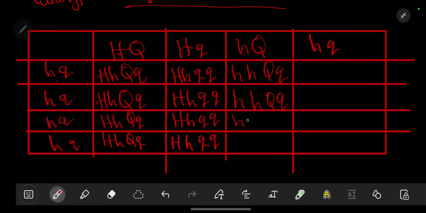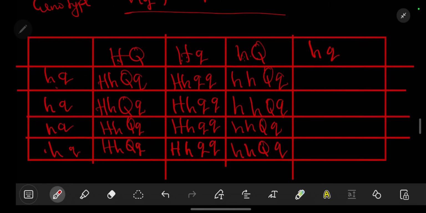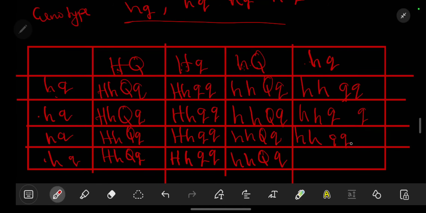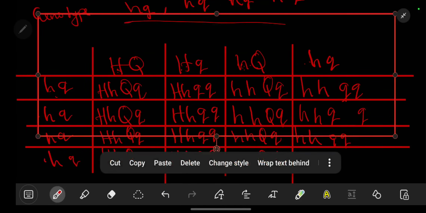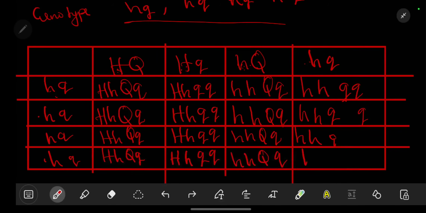We have our H, big Q, little q. So we are just combining H, Q like that. Then here we have our small letters, H, small q, as you can see, H, small q, H, small q, just H, small q.